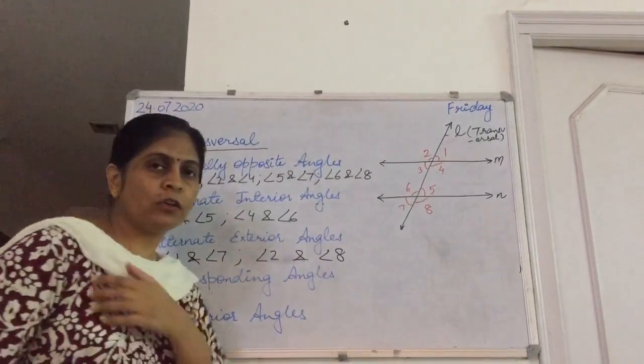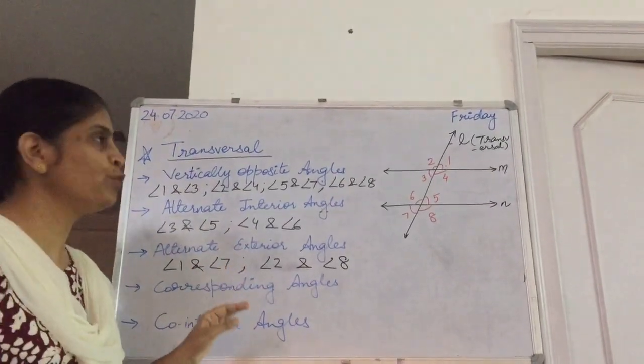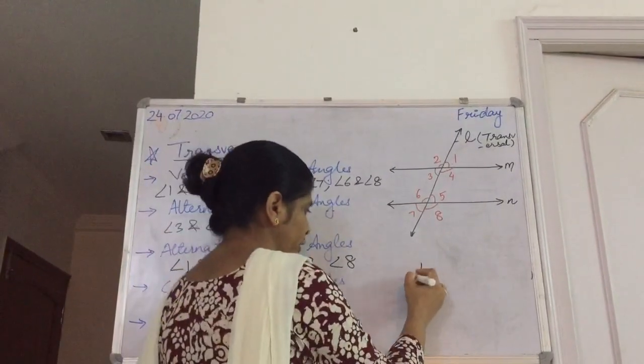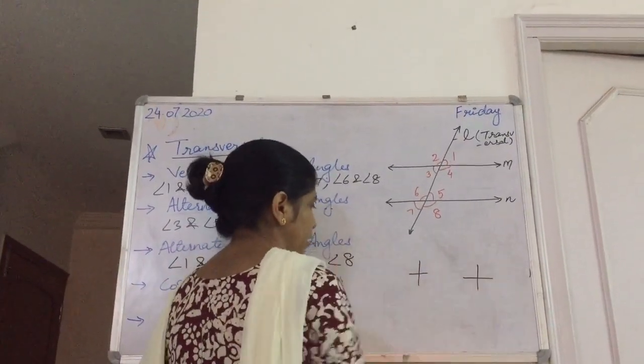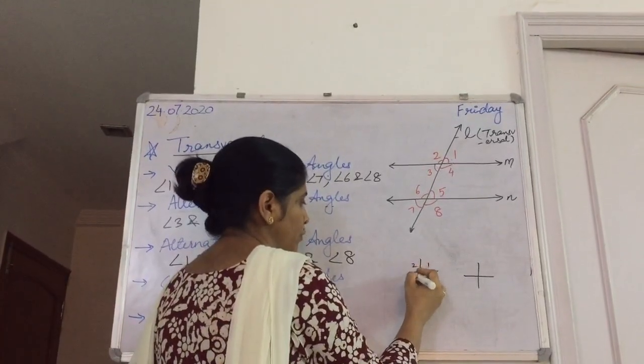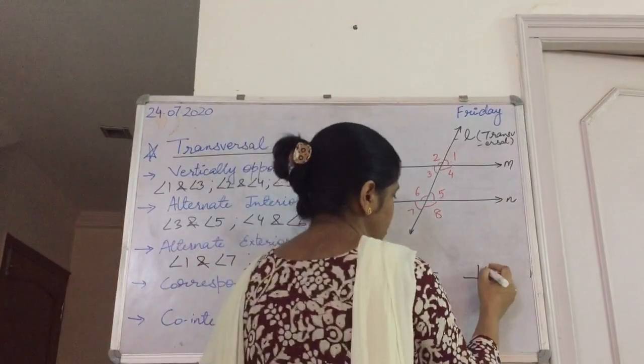Now let's talk about corresponding angles. Students, I am telling you the trick through which you can easily remember what corresponding angles are. Now I am marking the angles. You can see there are 2 plus signs formed. Mostly students are confused in the naming of these angles.